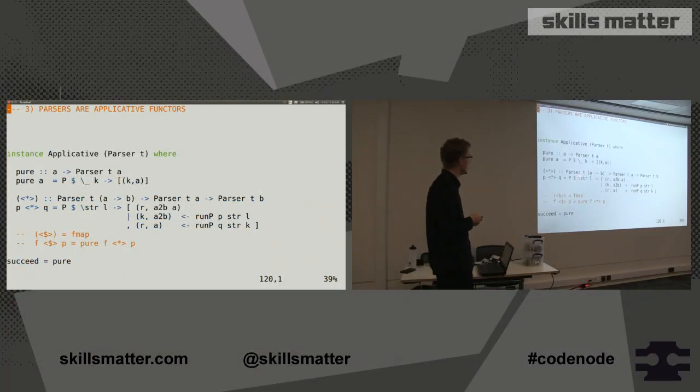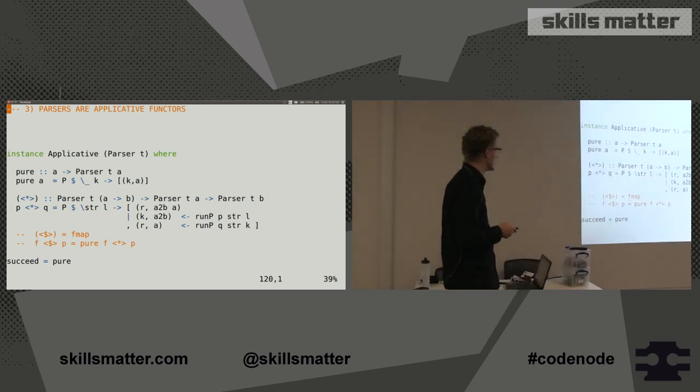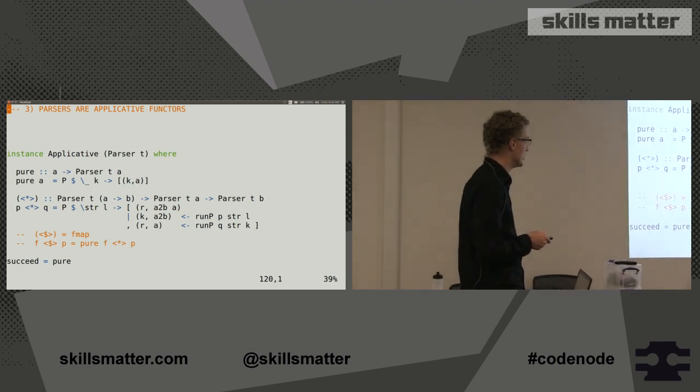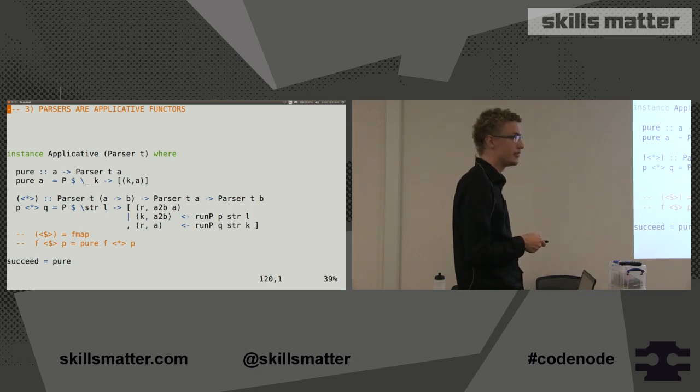The idea is that if we have a parser that produces functions from A to B, and we have a parser that produces A's, then we can return a parser that produces B's. First we run P with the given pivot L. Then we get a new pivot K and some function for transforming A's into B's. We use this new pivot when we run parser Q, and then we get our results, which we just return, but only after having applied our transformer function.